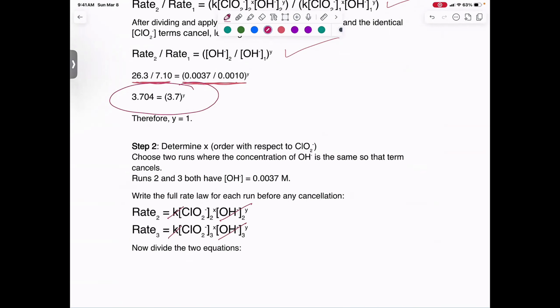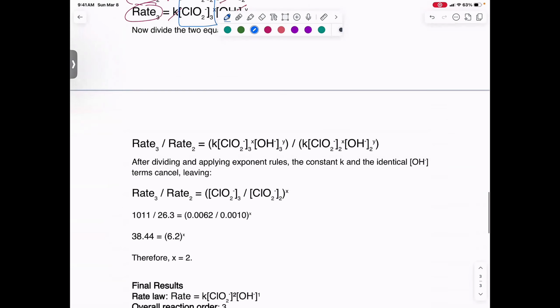We don't know what they are, it doesn't matter, they don't give that to us, but they will cancel out. And then you're left with just rate 2, rate 3, and our concentrations of ClO2 to manage. We'll apply the same rules of exponents where we can pull the exponent out and have it sit above that ratio, and we're good to go from a mathematic perspective.